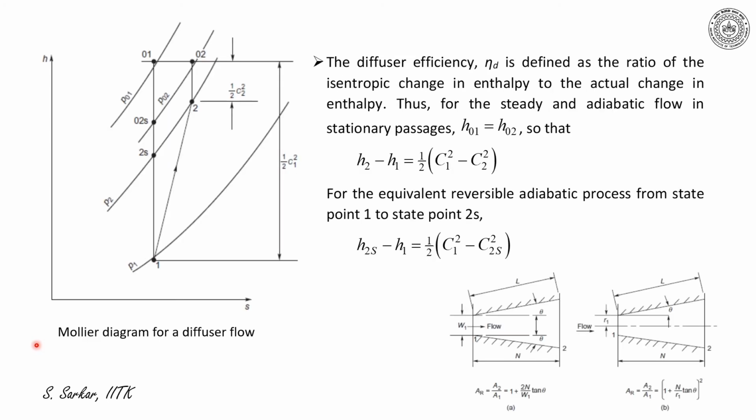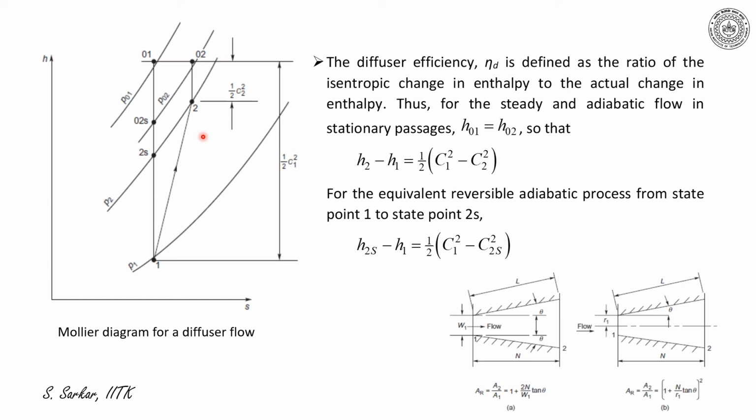The Mollier diagram for a diffuser flow has been indicated here, where P1 is the pressure at inlet to the diffuser and C1 is the magnitude of velocity, and P2 is the exit pressure and C2 the magnitude of velocity. I have drawn the constant pressure lines P1 and P2, and 1 to 2 here is the diffusion process, which is non-isentropic. That is, entropy will increase during the process 1 to 2.